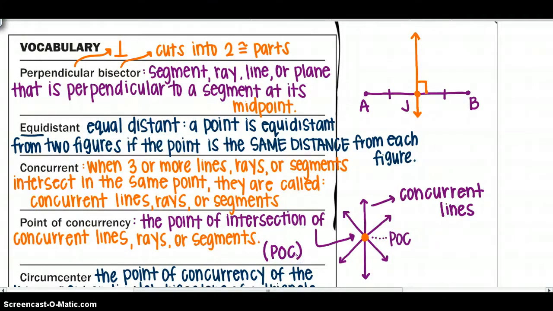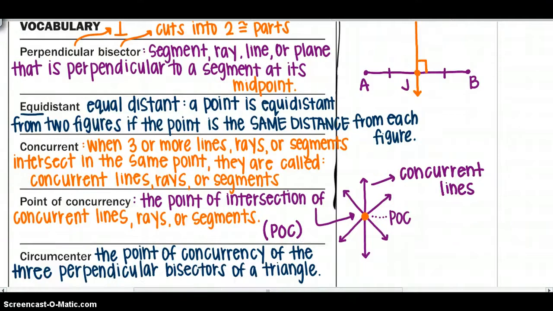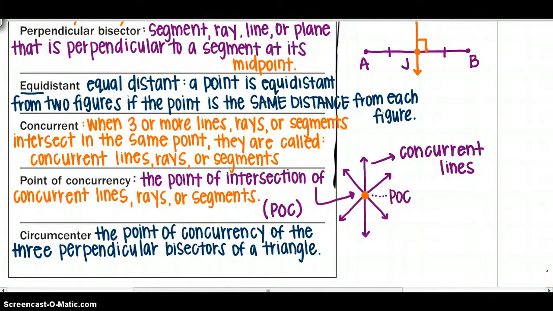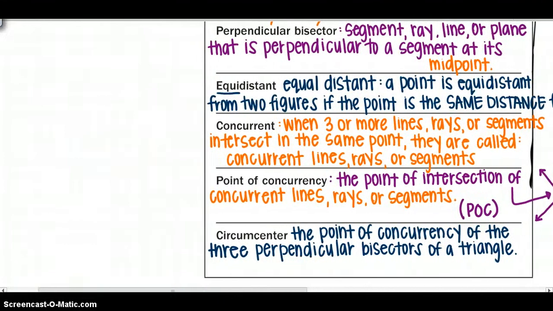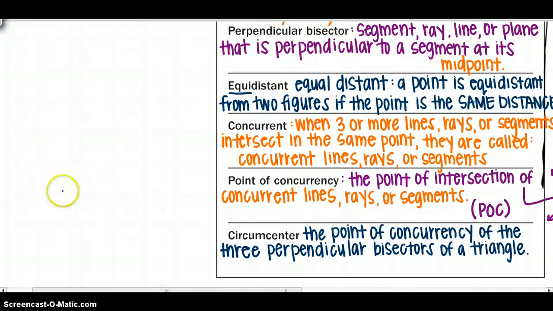and a lot of times I will call it POC, the point of concurrency. Another new word that we will use in this section is the circumcenter. It is the point of concurrency, or the POC, of the three perpendicular bisectors of a triangle. We're going to put the perpendicular bisectors into a triangle, and we're going to use the circumcenter to figure out some things with the triangle.